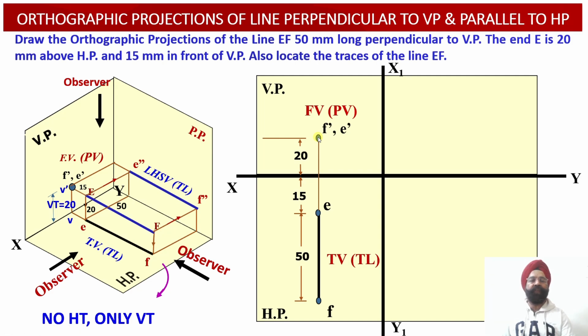Now let us proceed with the location of the trace of the line. As we have discussed, since this line happens to be parallel to the horizontal plane, it won't have any horizontal trace because it is not going to intersect with the horizontal plane. Since this line is perpendicular to the vertical plane, it is going to intersect with the vertical plane, so we are going to get only the vertical trace of the line.